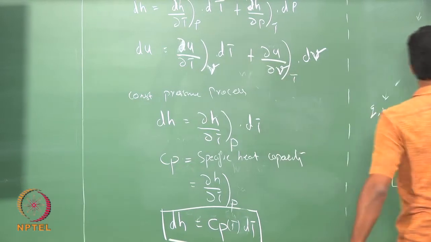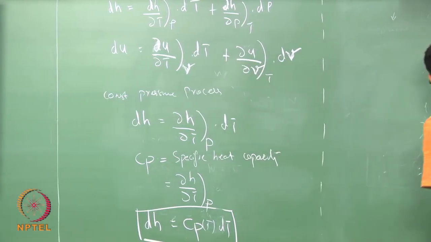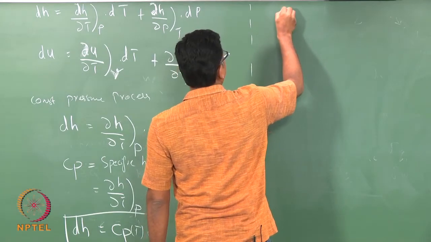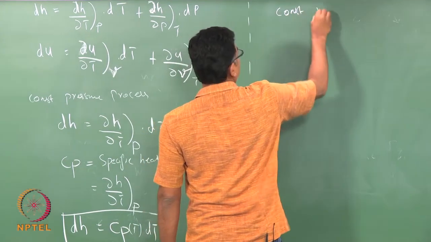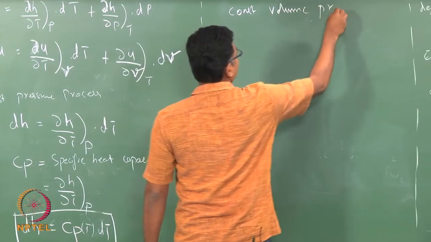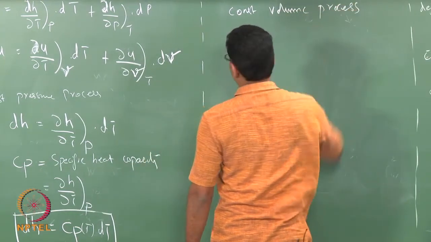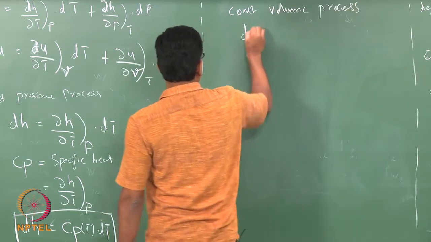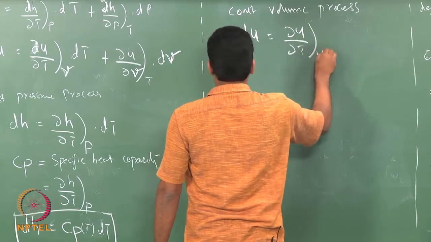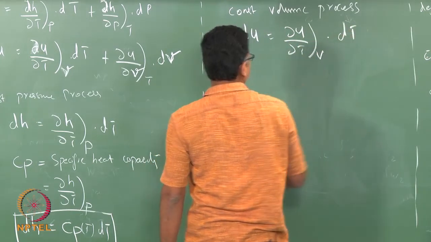Likewise, for the second equation, if the process is a constant volume process, my dU is dou u by dou T at constant volume into dT.